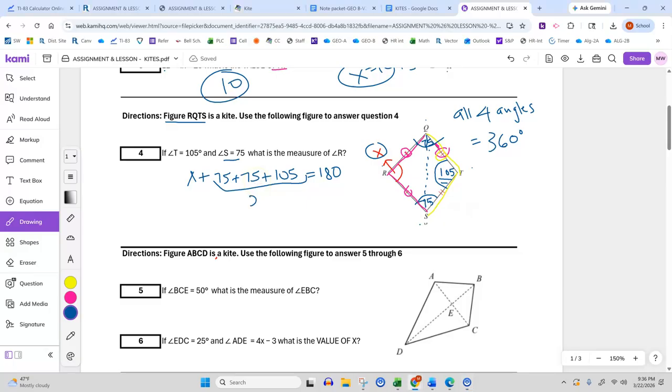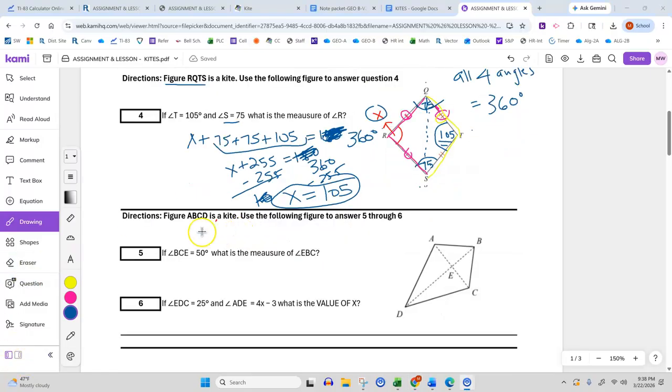Okay, so these three together are 255 plus this X over here equals... Oh, I'm sorry. This is 360, isn't it? Okay, 360. I knew that didn't make sense. Sorry. So that's 360, and 360 minus 255 means that 1x equals 105. Okay?